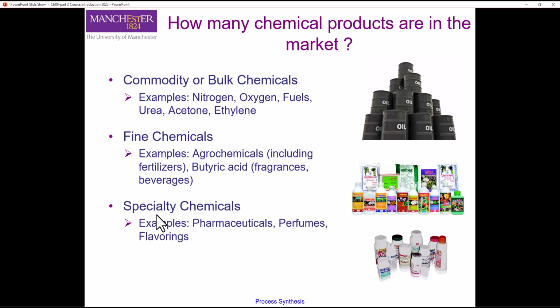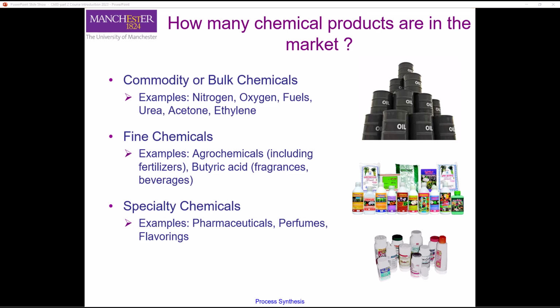For fine chemicals, they are produced in relatively smaller volumes, but like commodity chemicals, they are sold on the basis of composition and purity. And again, these are the factors that determine their price.